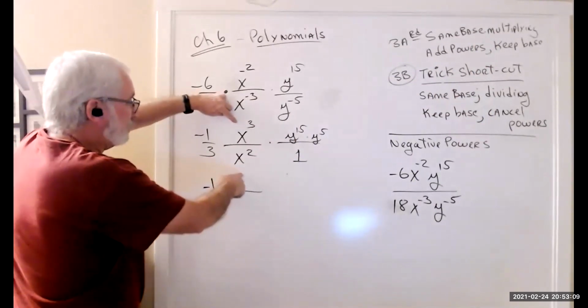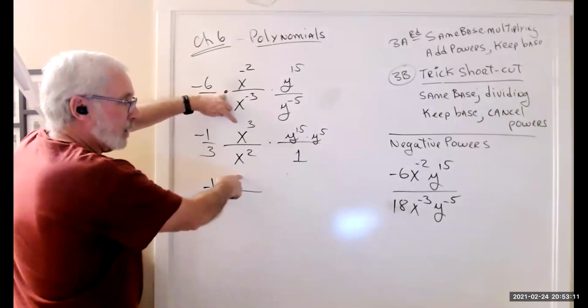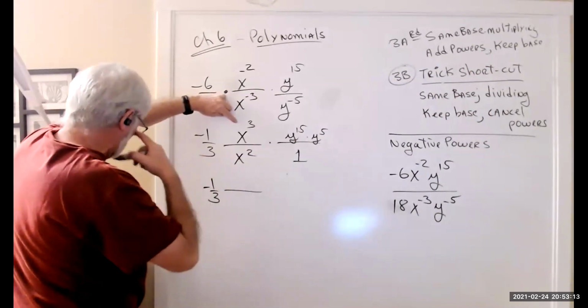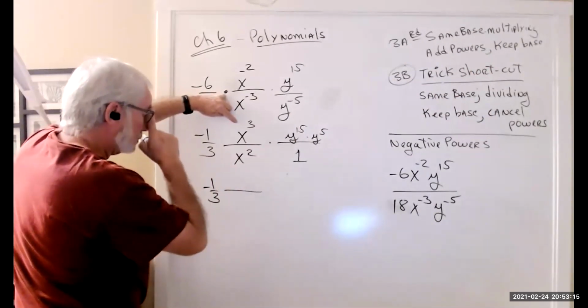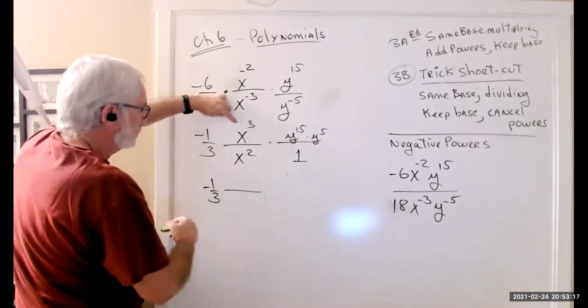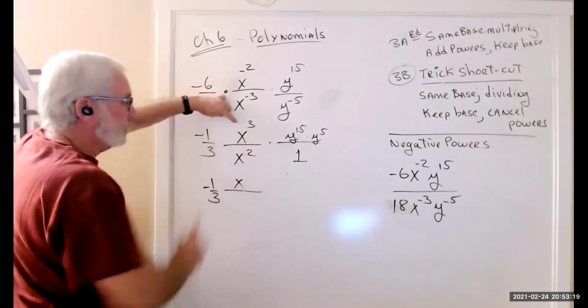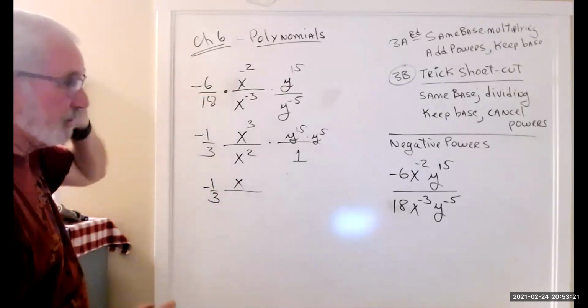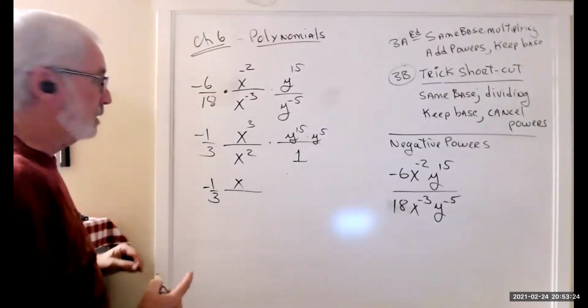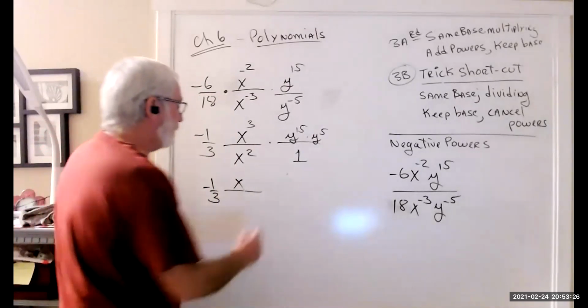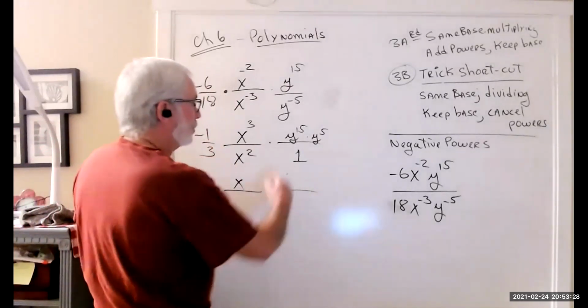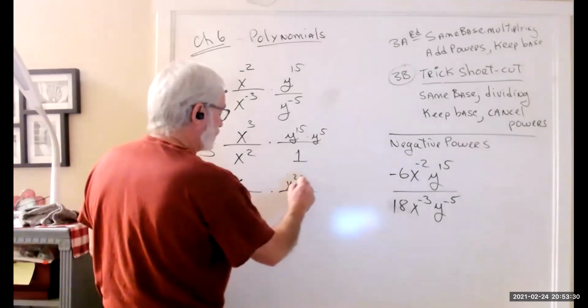I got 3 on top, 2 on bottom. What do I have left? Anybody? 1 x on top. It's important to specify on top, because x could be anywhere. What about my y's? Y to the 20 on top.